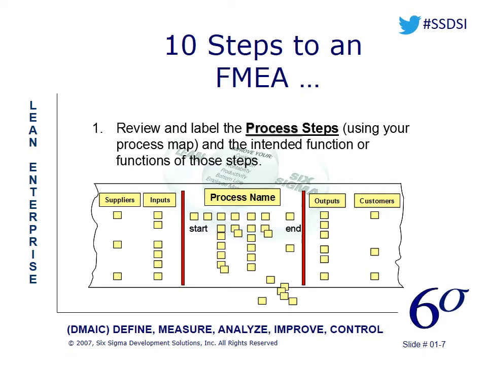Now let's talk about the 10 steps to an FMEA. The first step is to review and label your process steps using your process map. This process map is really kind of twofold. The process map can come from the SIPOC, and you'll see what a SIPOC looks like here: supplier, input, process, output, and customer.